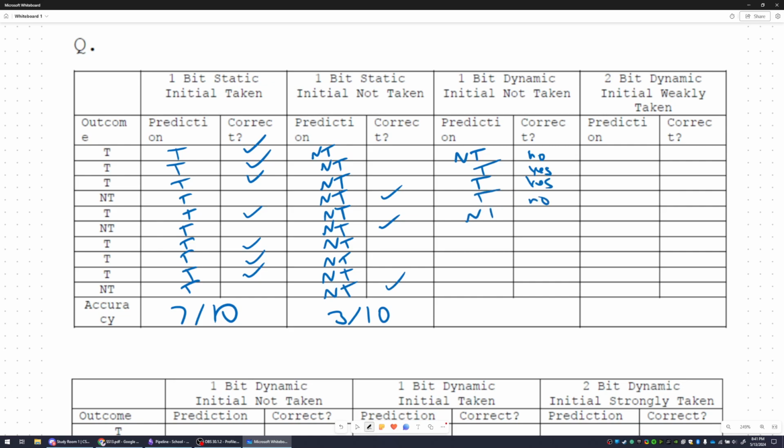No. So change it to not taken. Was it correct? No. So switch it to taken. Was it correct? No. Switch it to not taken. Was it correct? No. And then switch it to taken. It's correct, yes. So keep it. Yes. And then this taken, and then it won't be accurate. So how many was that? 1, 2, 3, 4.